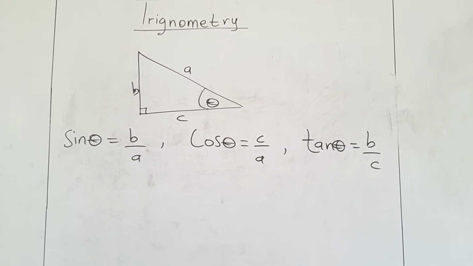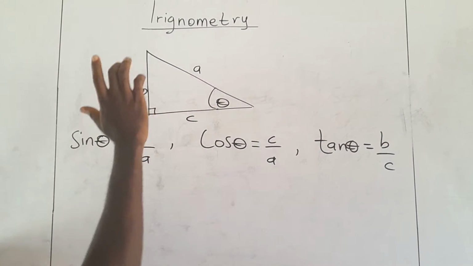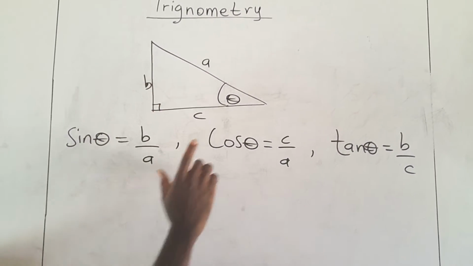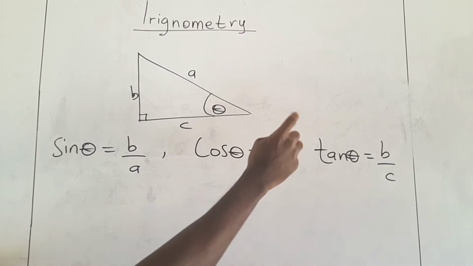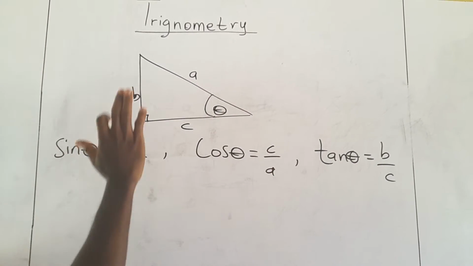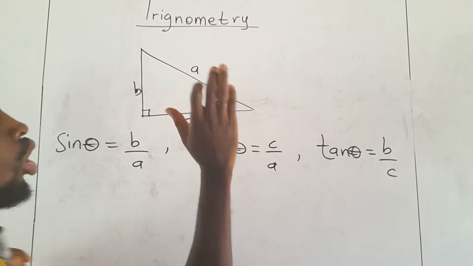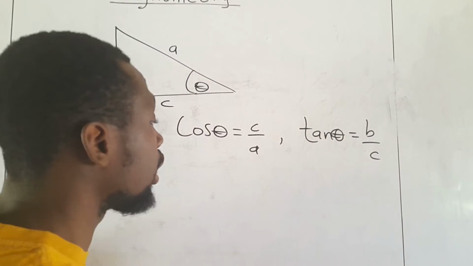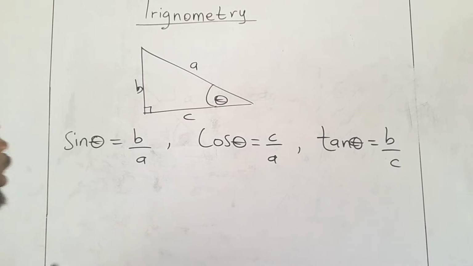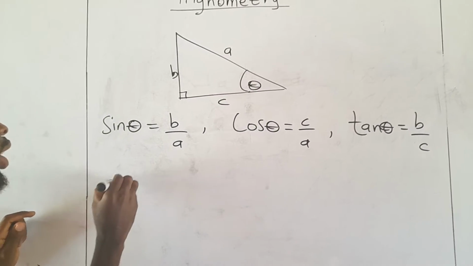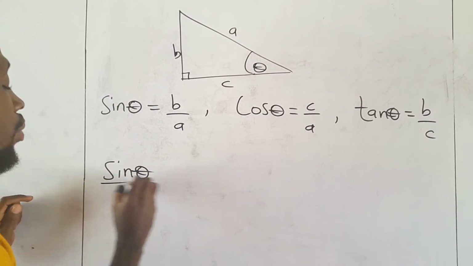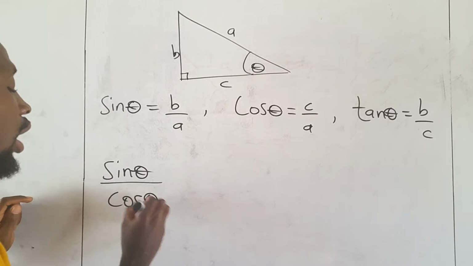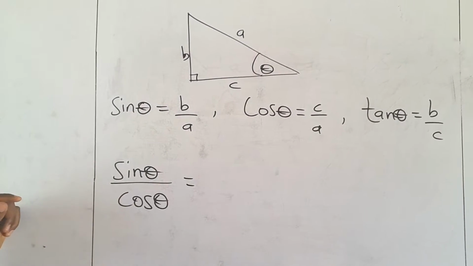So, we say that sine theta is opposite over hypotenuse, cos theta is adjacent over hypotenuse, and tan theta is opposite over the adjacent. Now, I want to divide sine theta by cos theta and see a certain relationship pop up.